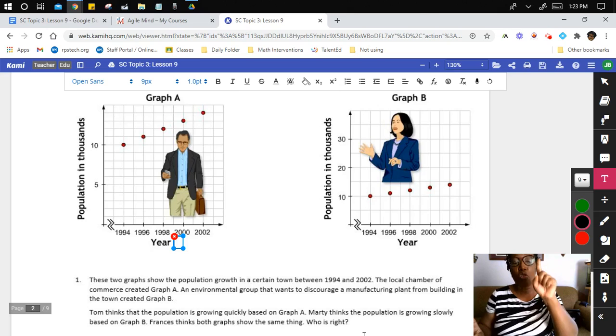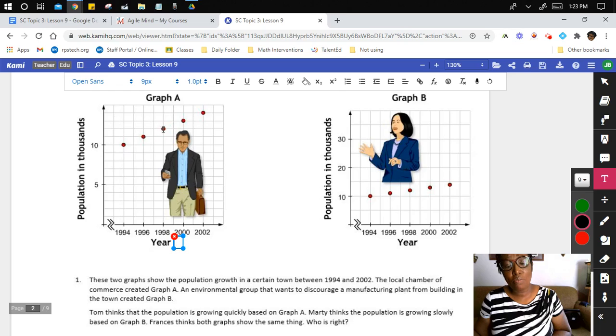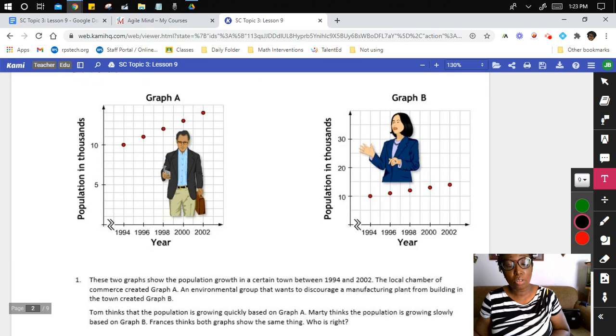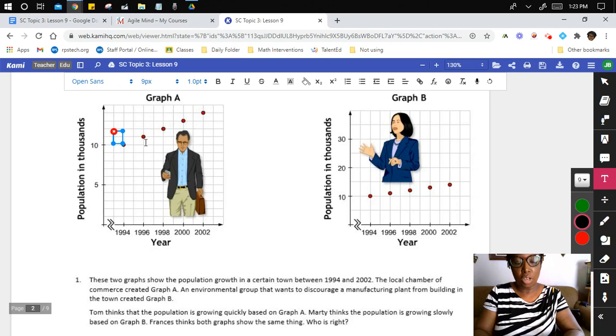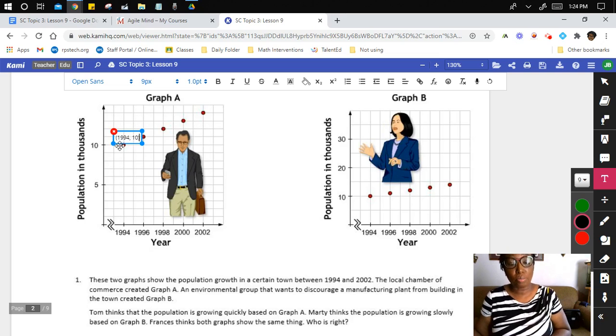So what we're going to do is graph A first, and we're going to figure out the coordinate for each of these points. So let's go here. Okay, so this is 1994, and that is 10. So the year is 1994, and it was 10,000 people in population in 1994.